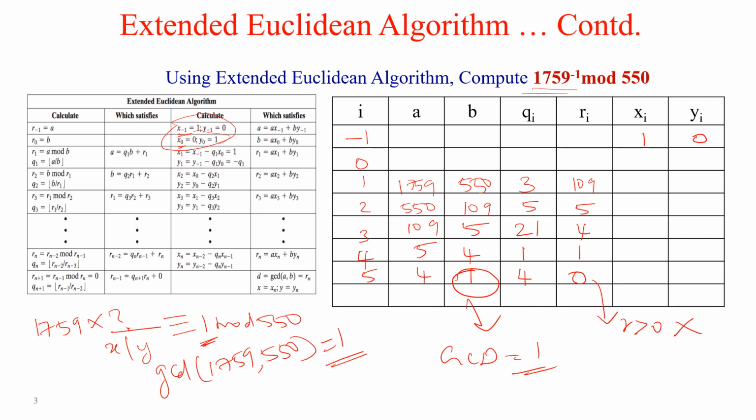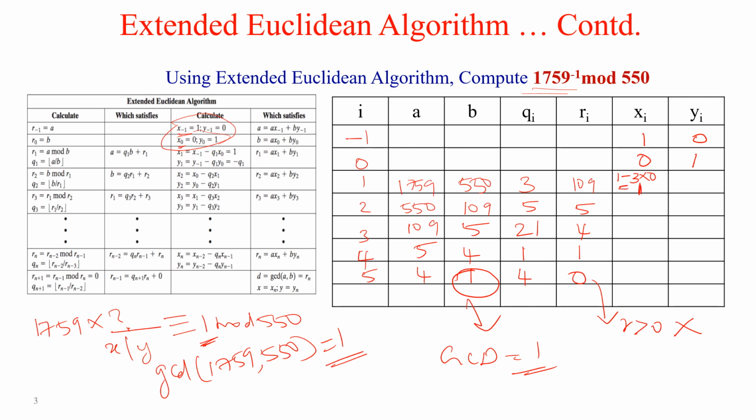Next, x naught is 0 and y naught is 1. Now we compute the x1 value. What is x1? x at -1, that is 1, minus q1. What is q1? It is 3. 3 into x naught, 0. Any number into 0 is 0 only. So the value is 1.